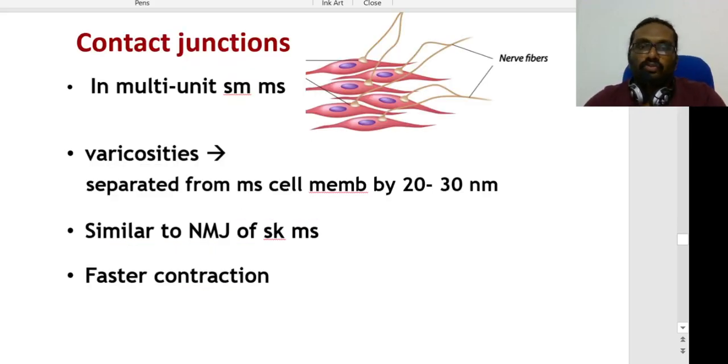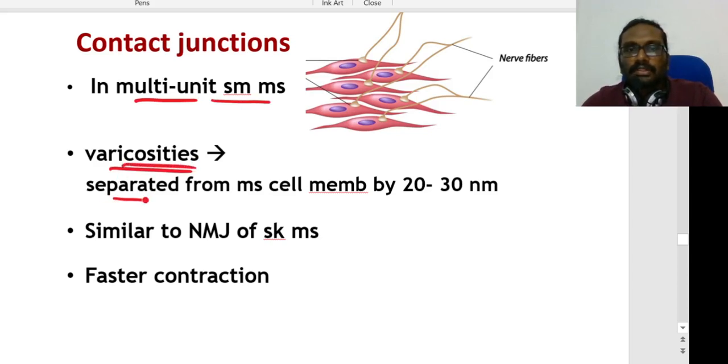And you also will find a different pattern of arrangement of the autonomic nerve system in multi-unit smooth muscles. What would you find in multi-unit smooth muscles? You find varicosities, but these varicosities are separated from the muscle cell membrane by 20 to 30 nanometers.